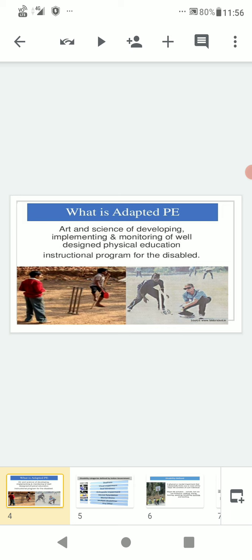To improve social adjustments among differently abled students is another objective. In fact, social adjustments are essential, especially in today's society. Participation in programs of adaptive physical education helps the differently abled students to make social adjustments.